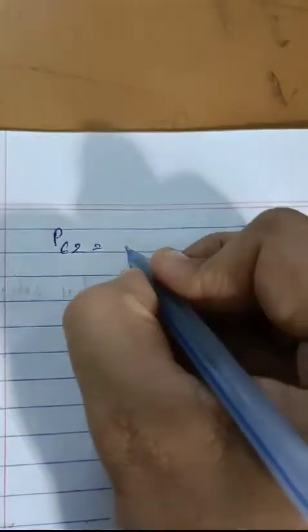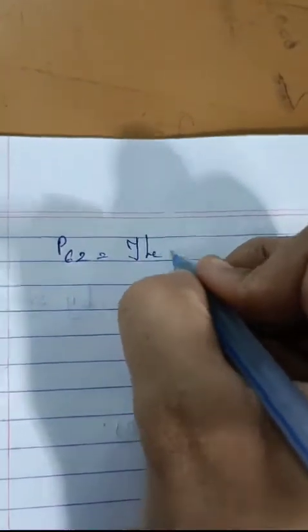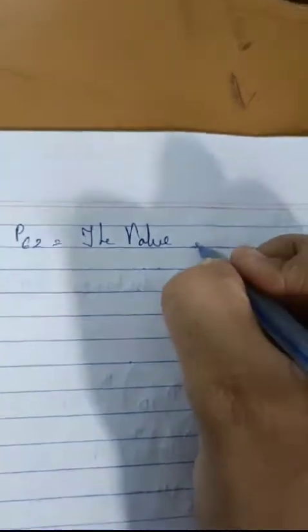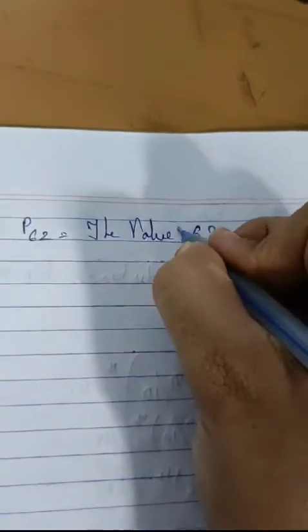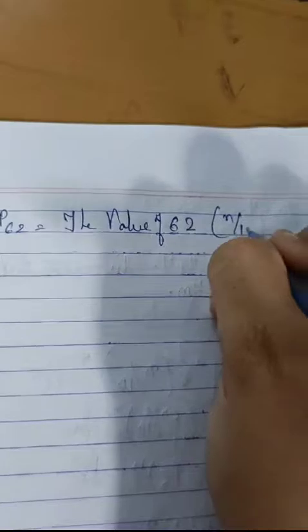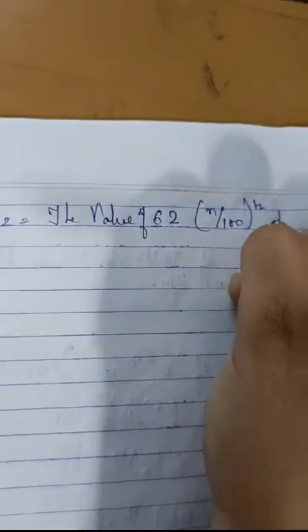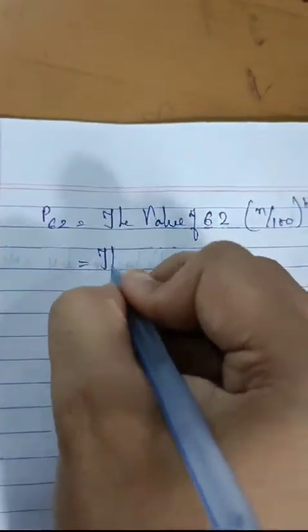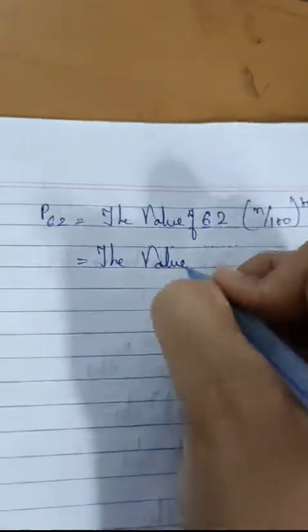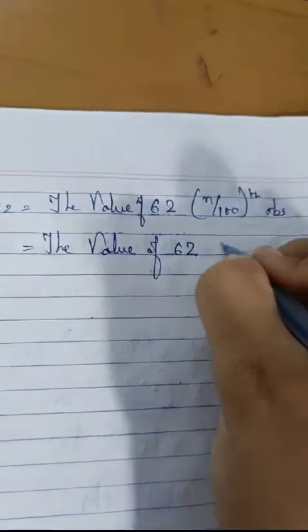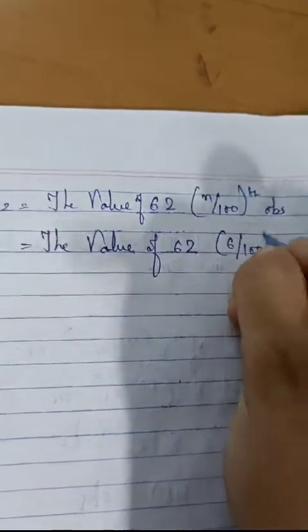Now the last, that is P62. P62, that is percentile, means divide by 100. Whatever the number they are writing, we have to write the value of 62 into n divided by 100th observation. So the value of 62 into 60 divided by 100th observation.